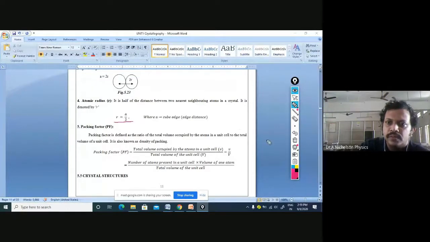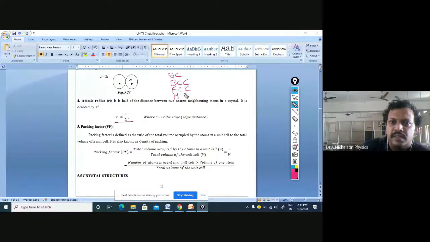Now we are going to study these characteristics in different structures. I think you have already heard about these structures: simple cubic, mentioned as SC, then body centered cubic, then face centered cubic, and the last one is hexagonal close packed structure.